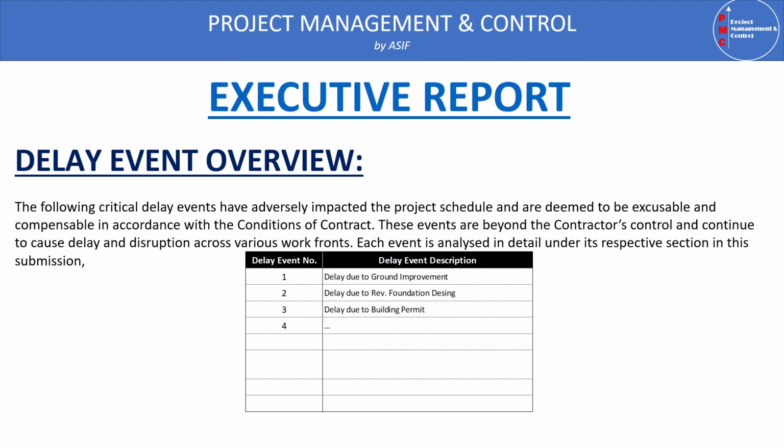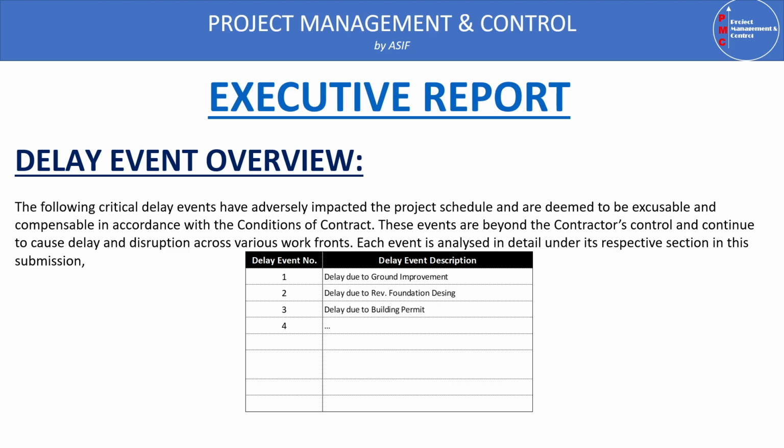And then we have to make the delay events list. In the following critical delays, you have to mention that the following critical delay events have adversely impacted the project schedule and are deemed to be excusable and compensable in accordance with the conditions of contract.